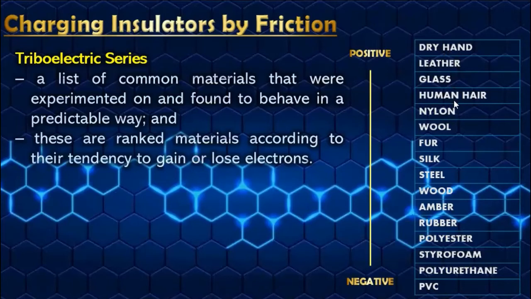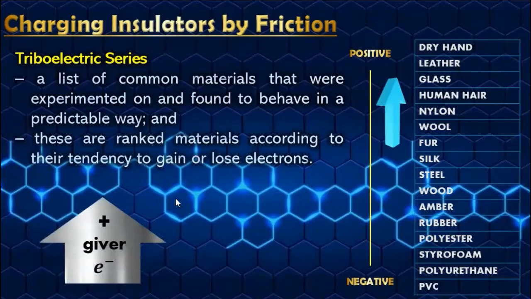If duol gani ang materials sa positive, that means they will tend to lose electrons. Kay mo lose man sila og electrons, if i-combine sila or if i-rub sila to lower in rank nga materials, they will become positively charged. Anong positively charged? Kay sila man ang giver of electrons.